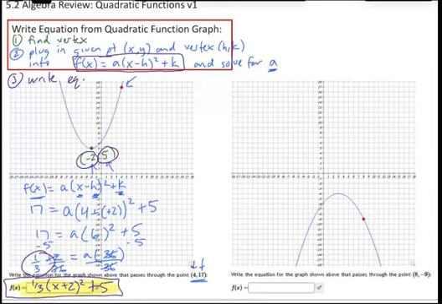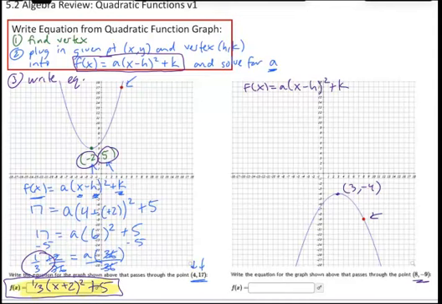All right, so let's go through these three steps here. So first step, find the vertex. The coordinates of our vertex we see here, x coordinate of 3, y coordinate -4. We have our given point. And so what we're going to do is take our function, f of x equals a times the vertex form, x minus h squared plus k.